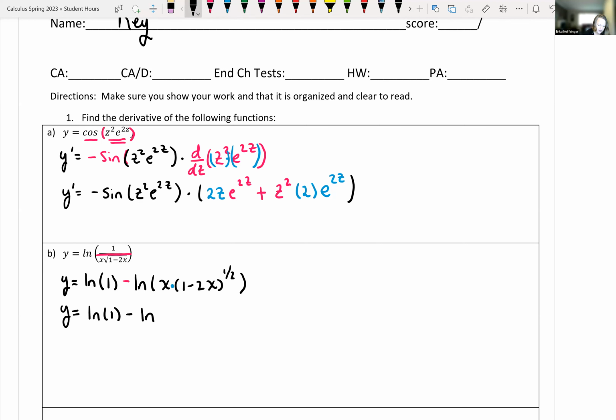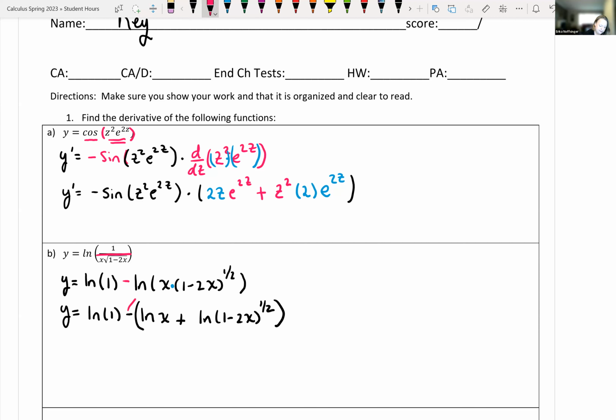So natural log of the first piece, be careful, we need parentheses around that whole natural log. We have natural log of x plus the natural log of the second piece, which is 1 minus 2x to the 1/2. I can distribute this negative.